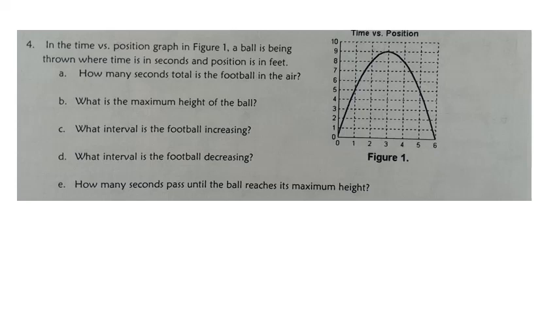Okay, and then the last question just has you read a graph that's already there. So here's a time versus position graph. How many seconds total is the football in the air? So your time is going to be here, and your position will be here. So the seconds that it's in the air is going to be 6 seconds total.